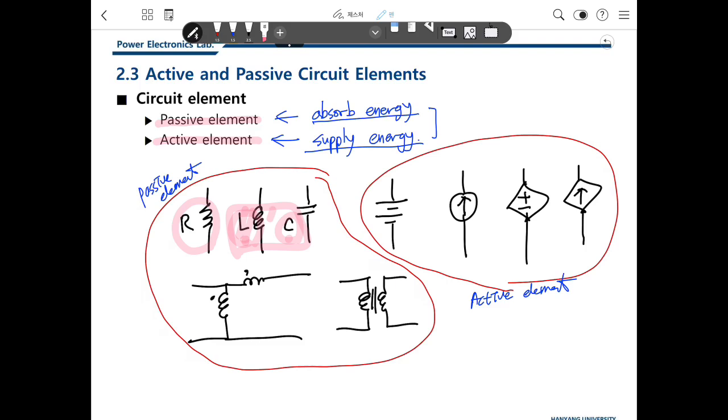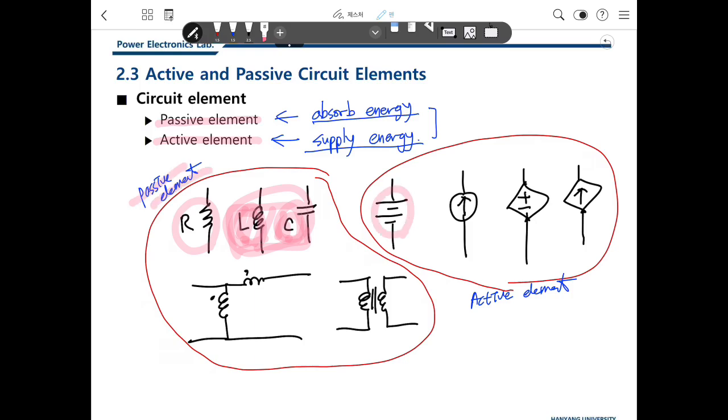The inductor and capacitor absorb energy, then store it, then they could supply the energy which was stored before. But the important thing is these devices do not generate any real energy. These two devices store the energy temporarily. So we call them passive elements.